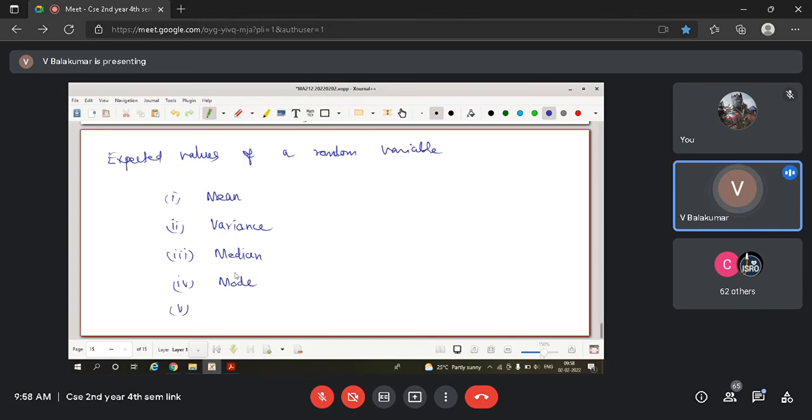What else is remaining? Mean, variance, mode, standard deviation. For a random variable, we can compute these 5 values which will describe the probability distribution.